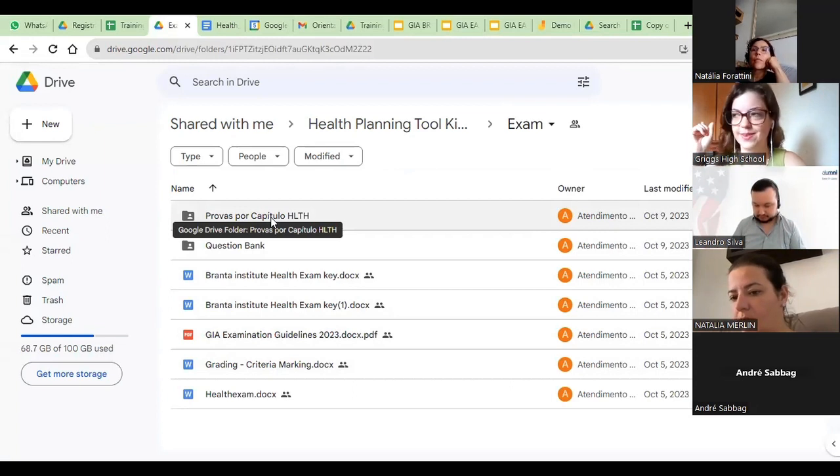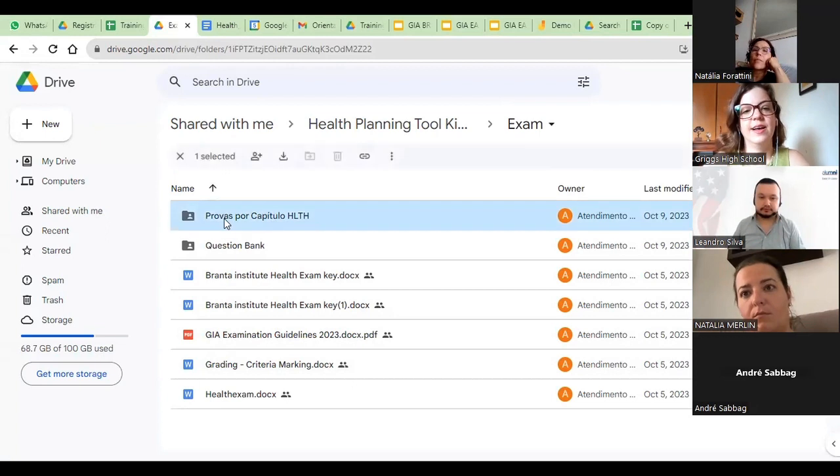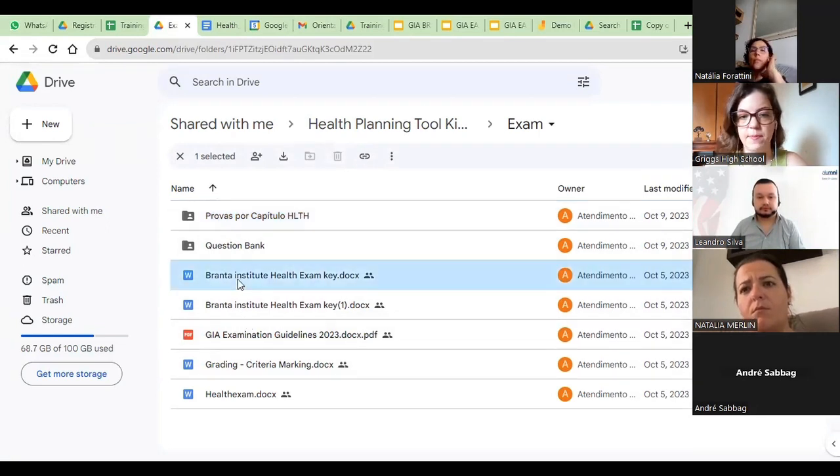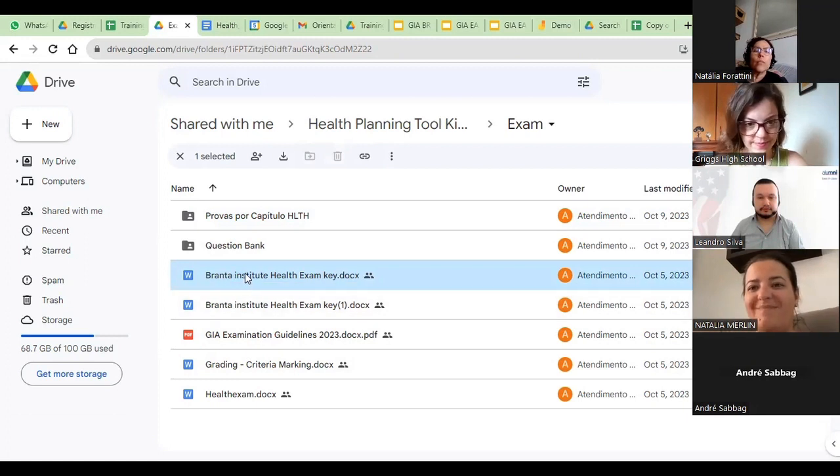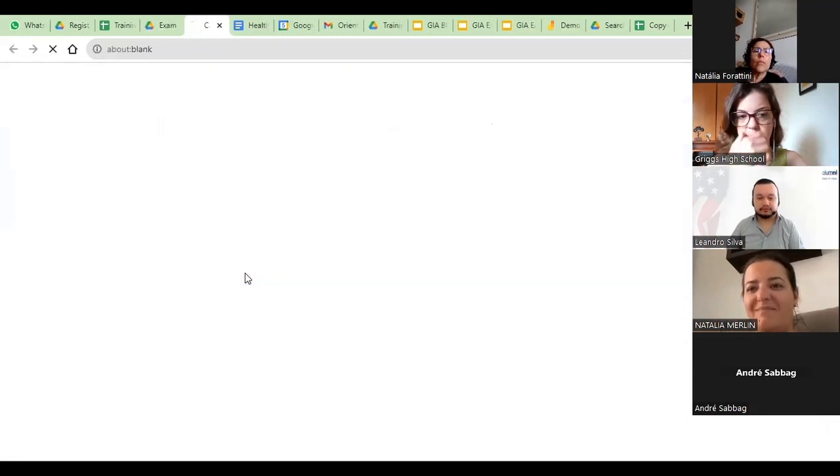This is what I was looking for yesterday that I didn't find. Provas por capítulo from the book. From the book. So first you have a sample exam, okay, from Natalia Merlin's school, from Branta. It's a sample exam.